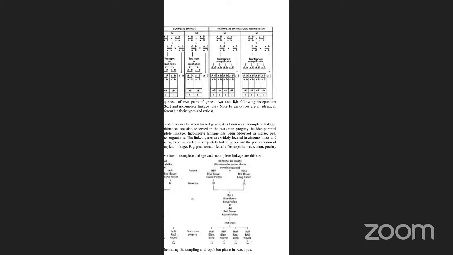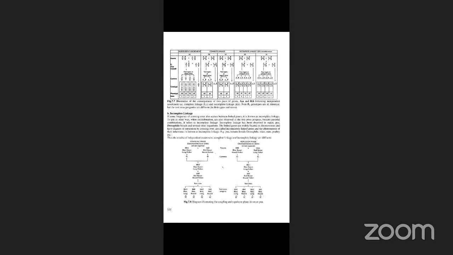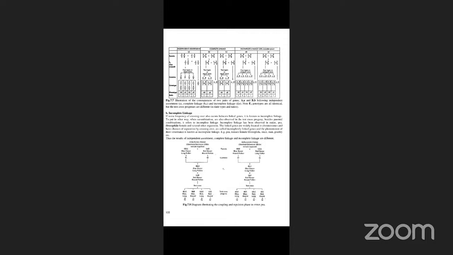So there is another type also here. So this is called incomplete linkage. So in incomplete linkage, if some frequency of crossing over also occurs between the linked genes, it is known as incomplete linkage.